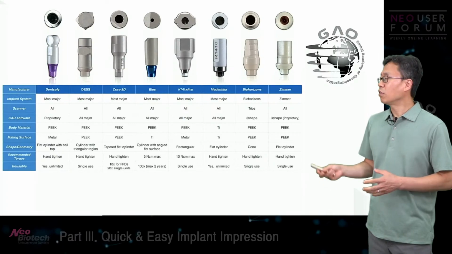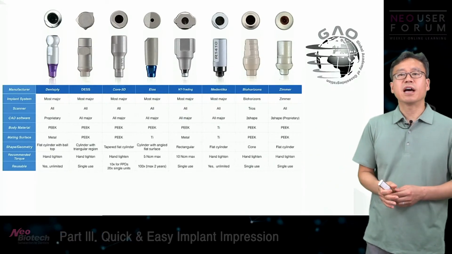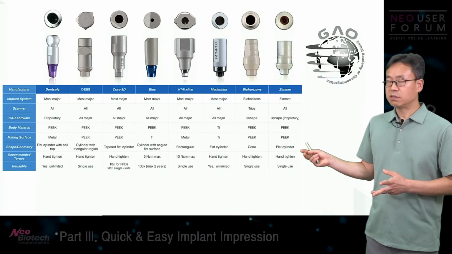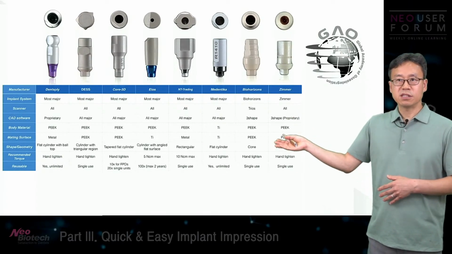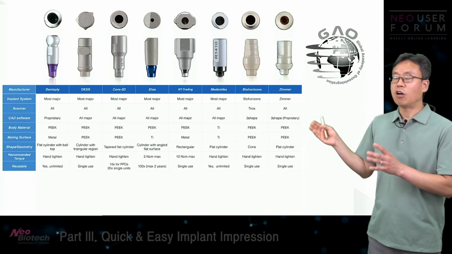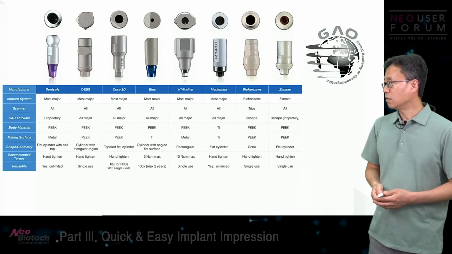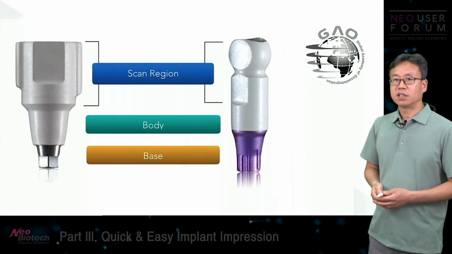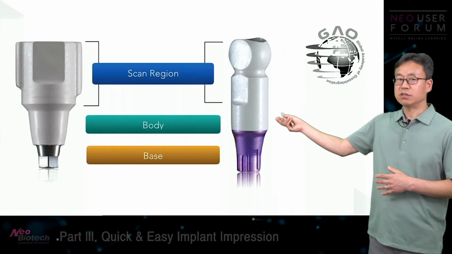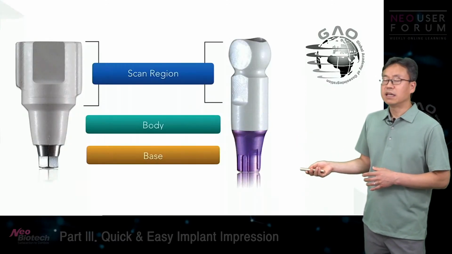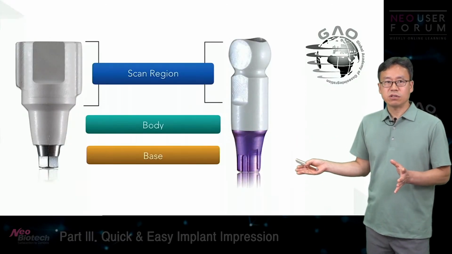There are hundreds of different kinds of scanning abutments or scanning apparatus depending on the implant system you use. They all look different, but they have one thing in common. It's called the scan region.